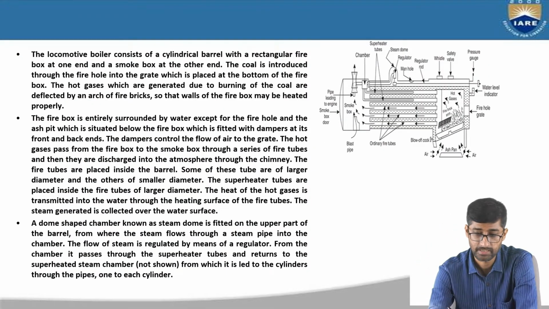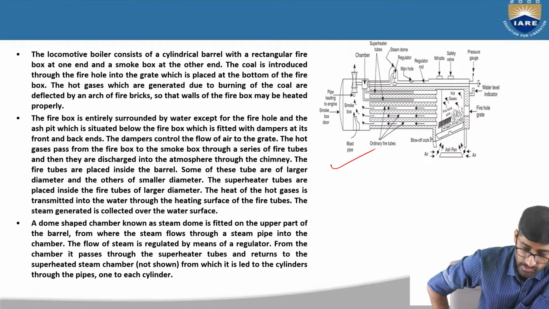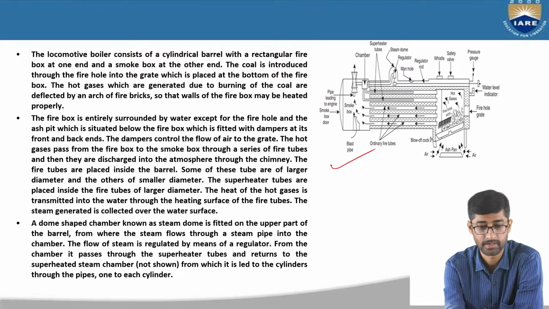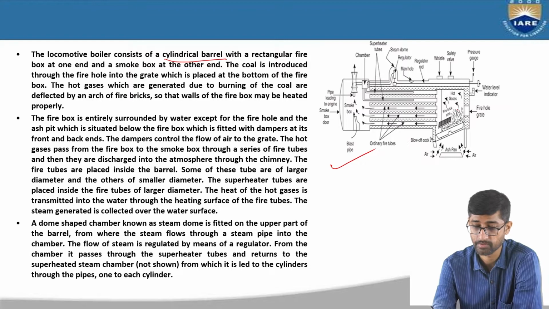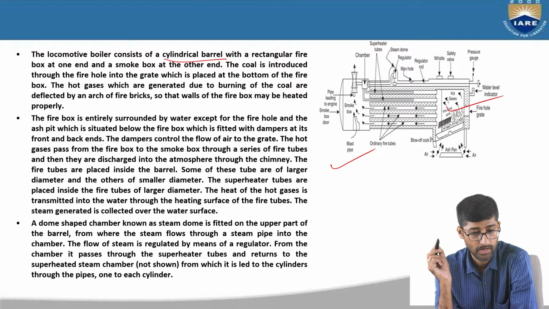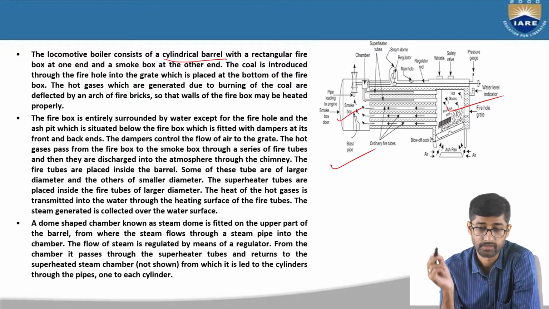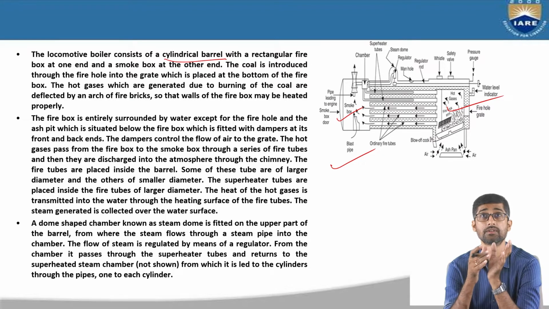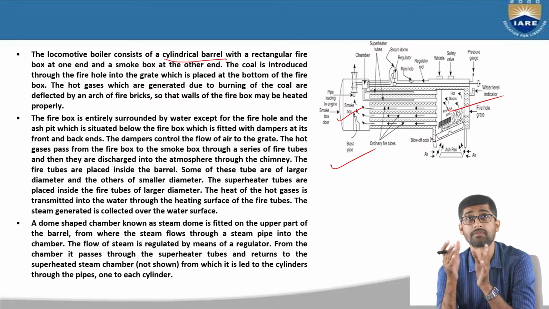So this is the schematic diagram of the locomotive boiler. If you see, the locomotive boiler consists of a cylindrical barrel with a rectangular firebox at one end, right, and the smoke box at the other end. The coal is introduced through the fire hole into the grate, which is placed at the bottom of the firebox.